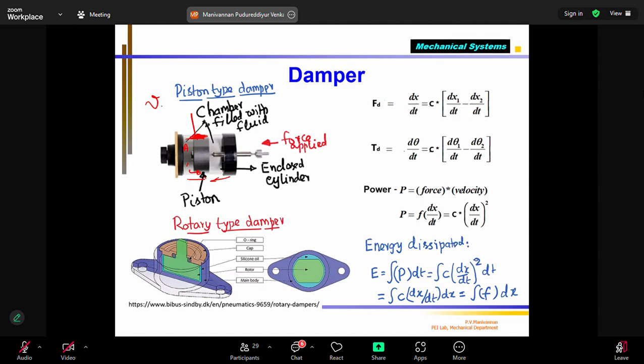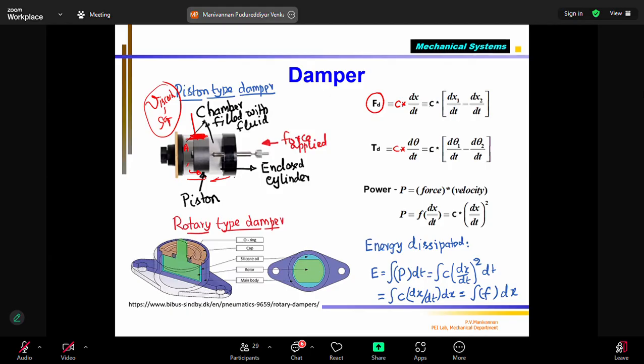So it is proportional to viscosity and the gap area. If these two are fixed, then the amount of damping force, which we call FD, is proportional to C into d/dt of X. This is called linear force.